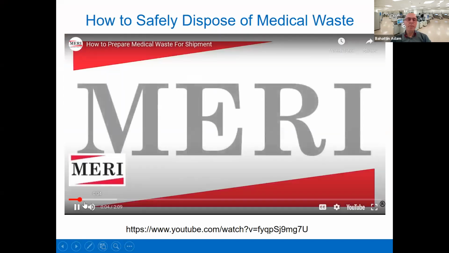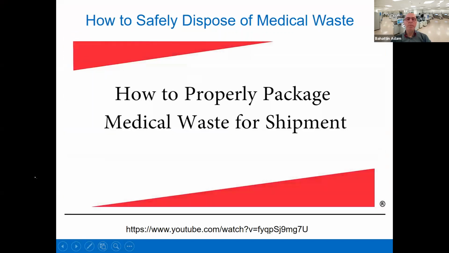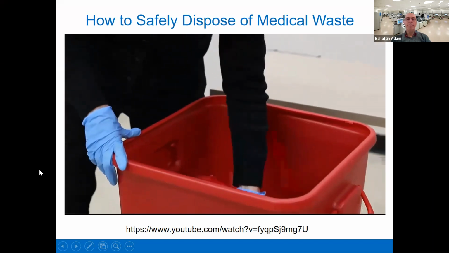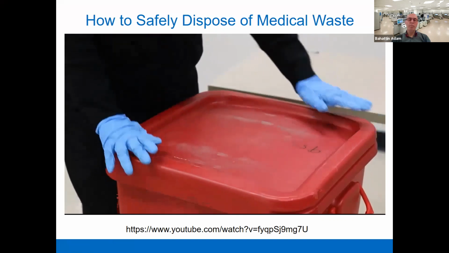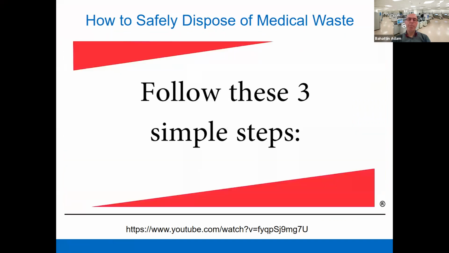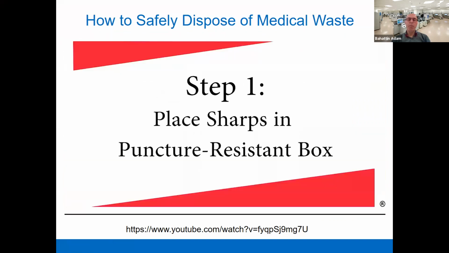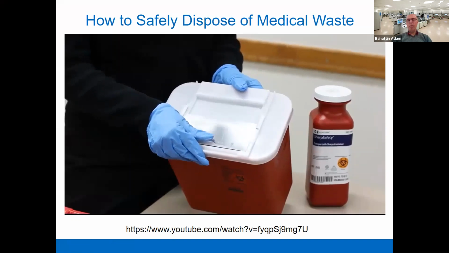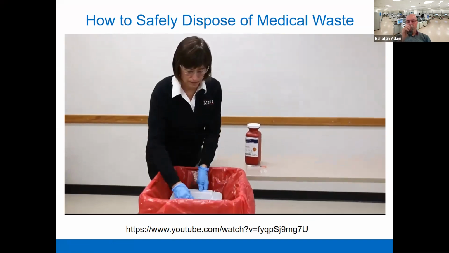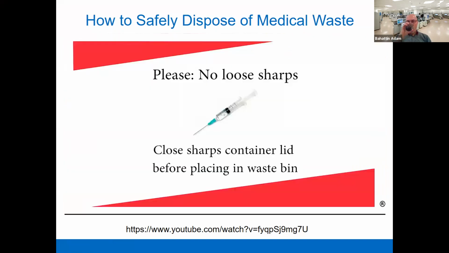Hello, and welcome to medical waste before it's collected and transported to a licensed treatment and disposal facility. To make sure that you're in compliance, follow these 3 simple steps to properly package your medical waste. Step 1. Place all sharps in a puncture-resistant sharps box before it's placed in the red biohazard bag. There should be no loose sharps in your biohazard bag or medical waste container.